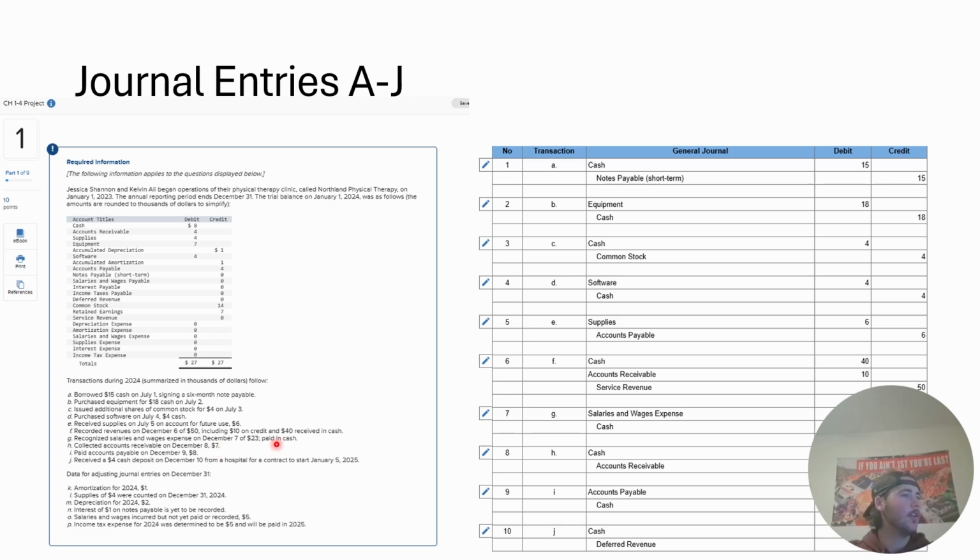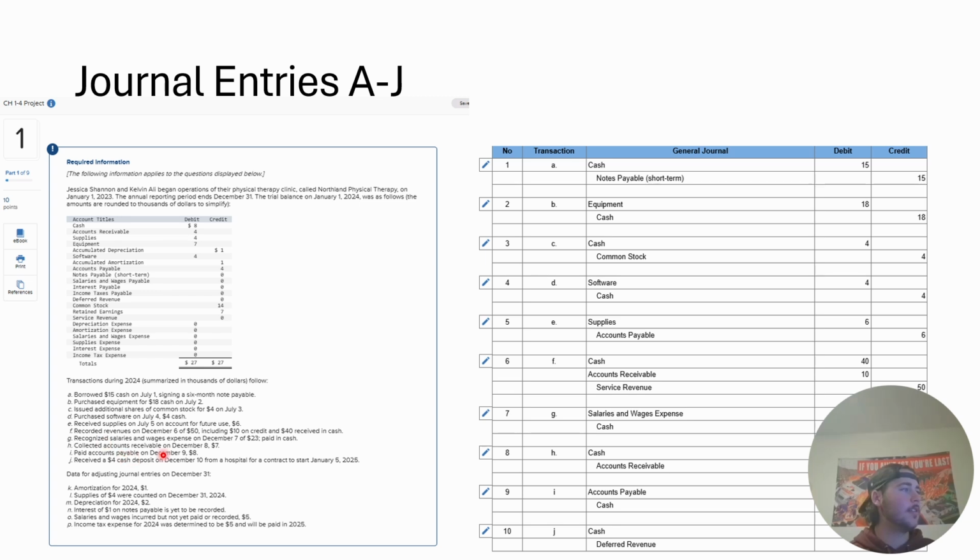So go over here to H. You're going to have to debit cash, that's 7, and credit accounts receivable, that's 7. Paid accounts payable on December 9th, $8. So you're debiting that accounts payable, you're paying it off, and you're crediting cash. You're giving the cash away.